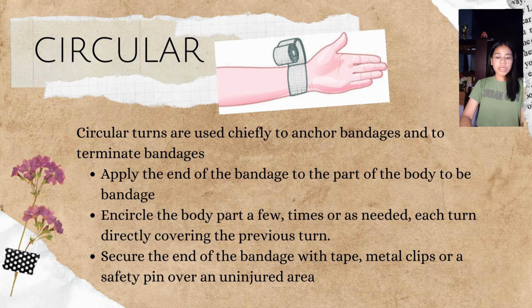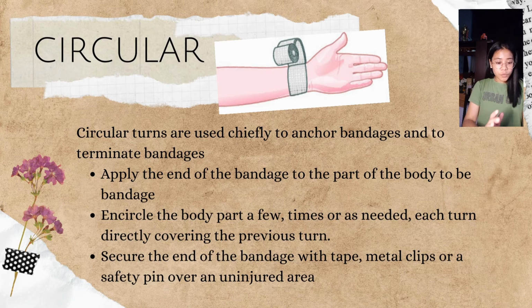Circular is used to hold dressing on body parts such as the arms, leg, chest, or abdomen. For this bandaging technique, we can use a roller bandage or a triangular bandage that is folded down to form a strip bandage. This technique is chiefly used to anchor bandages and to terminate a bandage.